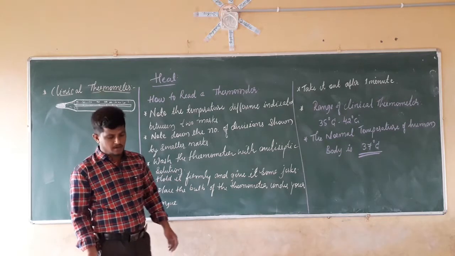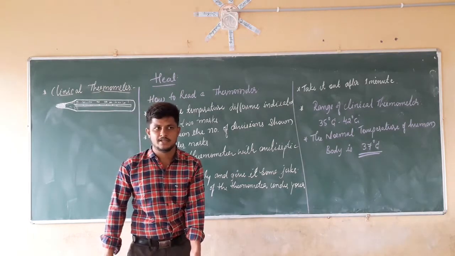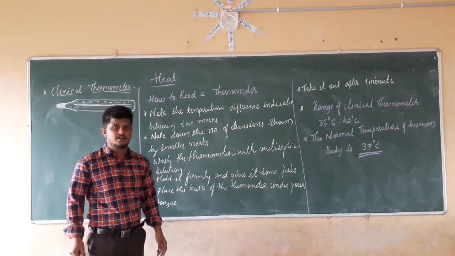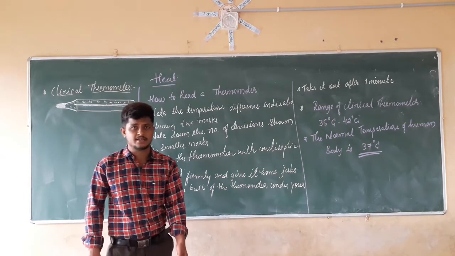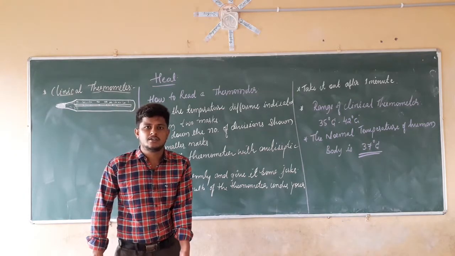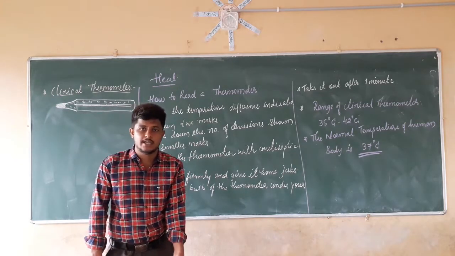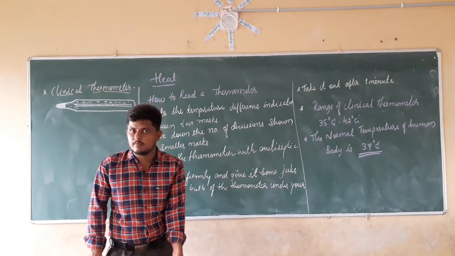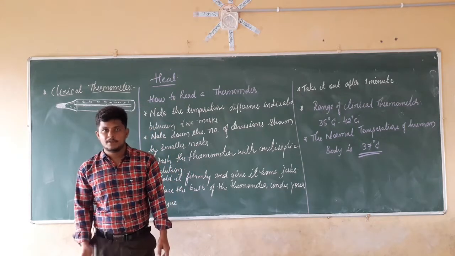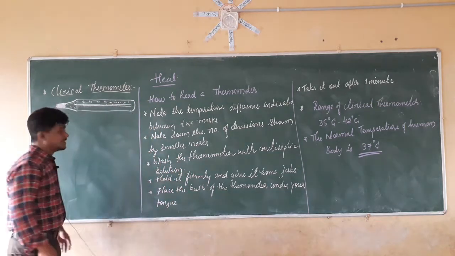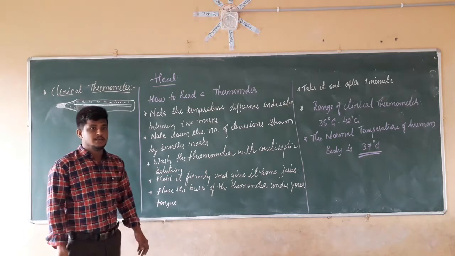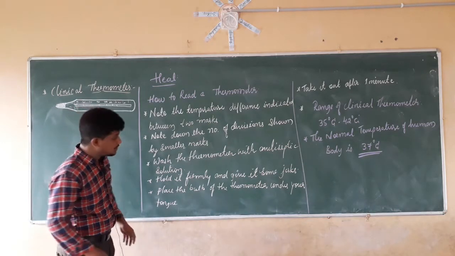All of us have seen the clinical thermometer when we go to the clinic or at home. When we are suffering from fever and go to the clinic, the doctor uses a clinical thermometer to check our body temperature. Generally we can say that a clinical thermometer is the measure of body temperature.